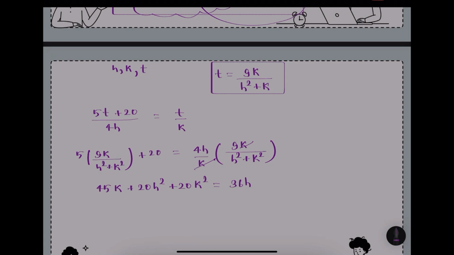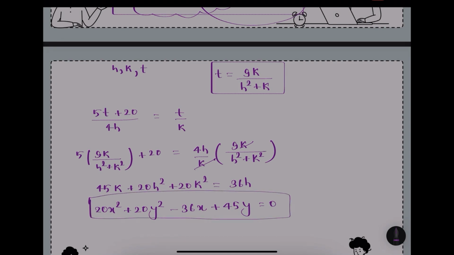Now replace h with x. So it is 20x square plus 20y square minus 36x plus 45y is equal to 0.